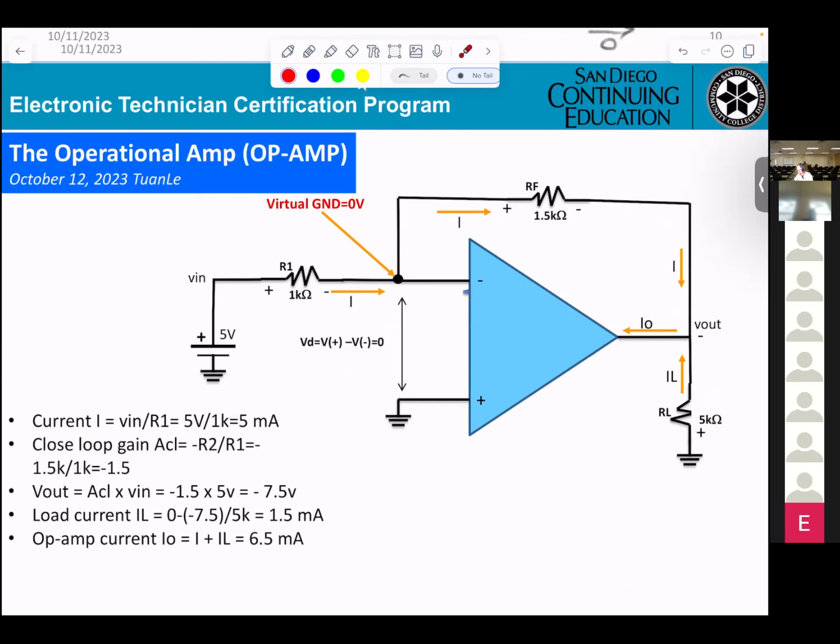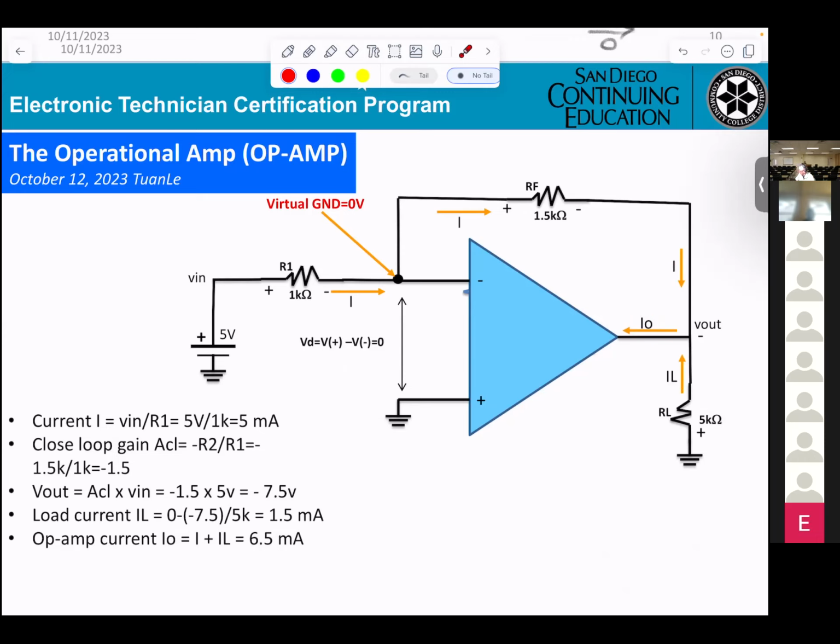And also another IL, that load current. When they go up here, they cannot go up here. They have to be coming in. That's what we're talking about, I/O, output of amp current, equals current I plus IL.